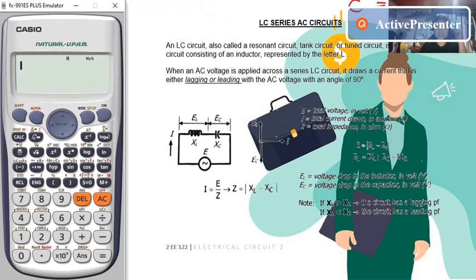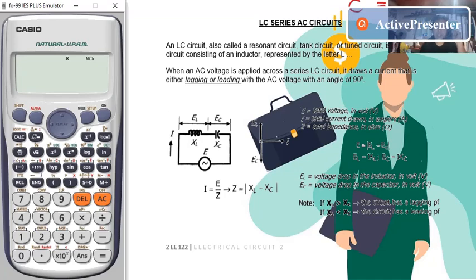So an LC circuit is also called a resonant circuit, tank circuit, or tuned circuit. An LC circuit is an electric circuit consisting of an inductor, represented by the letter L. So the L in our LC stands for inductor.